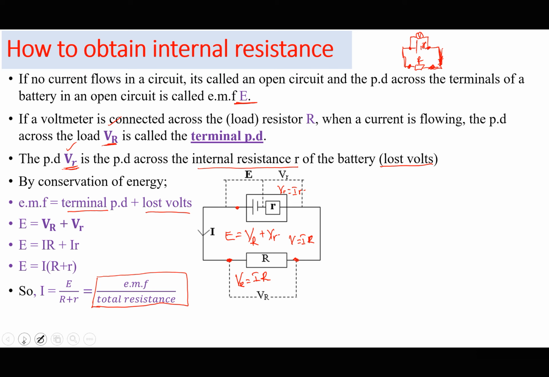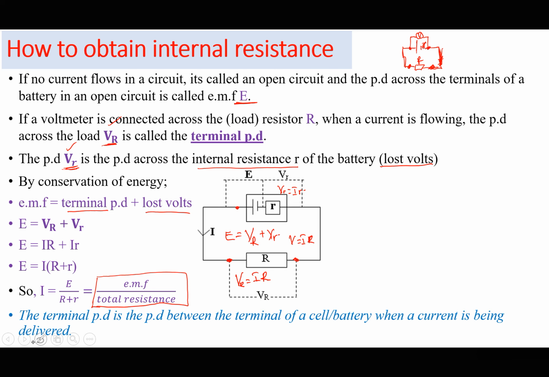And the PD, or the terminal PD, is the PD between the terminals of a cell when a current is being delivered. You will be asked to define terminal PD. The PD between the terminals of a cell, the most important point is this one here, when a current is being delivered.